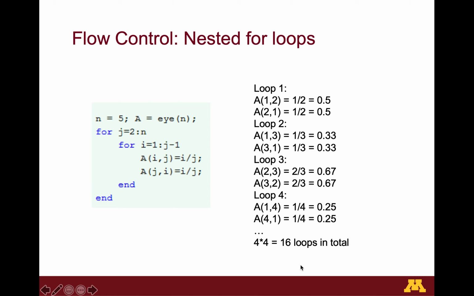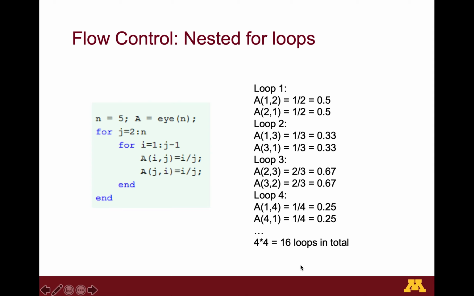After calculation, we get 0.5. Similarly, we get a_ji. i already runs through its range. We will increase j, the outer for loop, to be 3, so that we can execute a13 and a31.